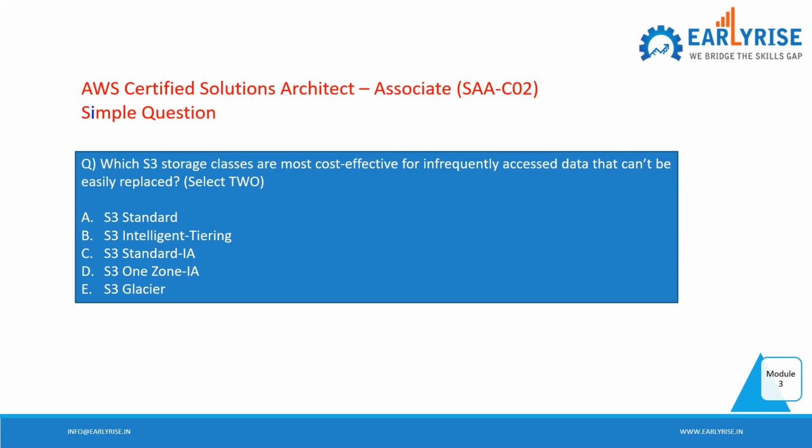It will be difficult to get that data back. So financial data, important critical data which you cannot compromise, you cannot find on the internet. Those kinds of data you cannot put in one zone. One zone is kind of like running your application on one server. That server collapses, that's it.